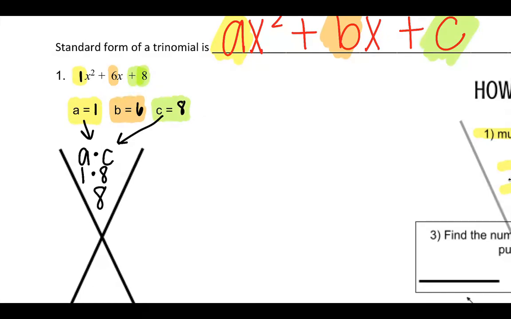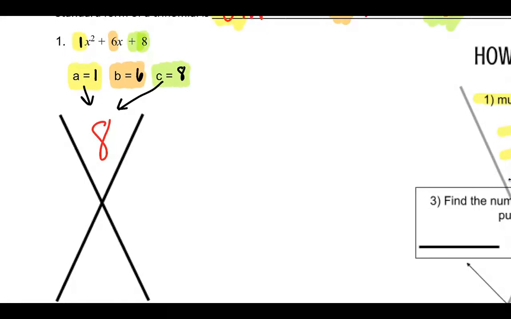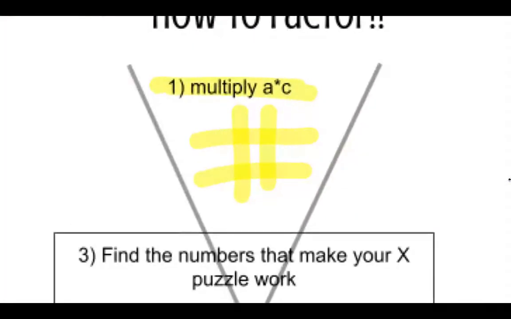So that's the number that I have up on top there, is 8. And I'm going to erase all this just so we can figure out what's happening here. So 8's on top, there's my number on top. And again, all I did was multiply a times c to get this number up here on top.